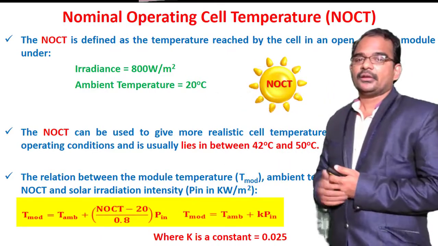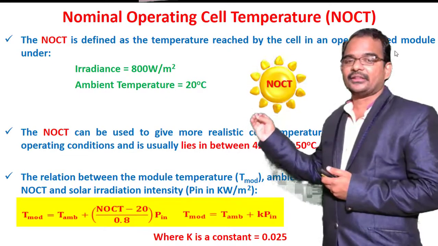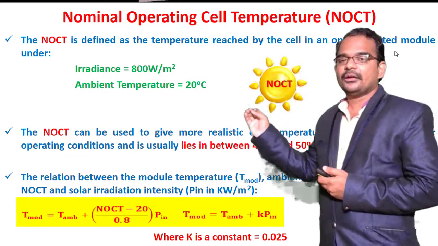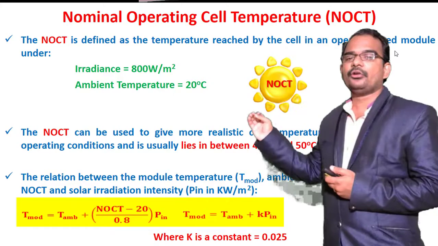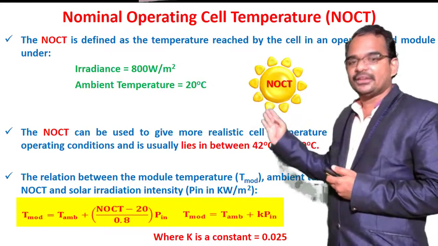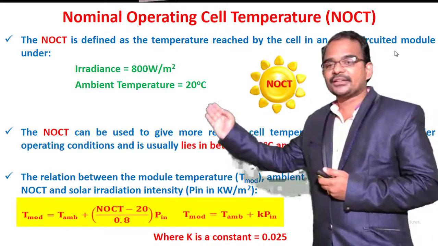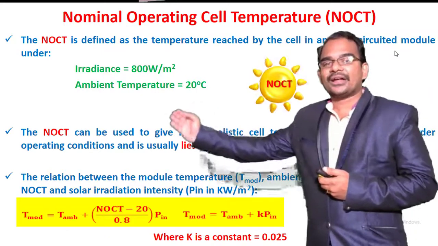This (NOCT minus 20) by 0.8 is a constant, and the value of this constant is generally 0.025, and thereby the temperature of the module will be equal to the ambient temperature plus 0.025 times the input solar radiation.